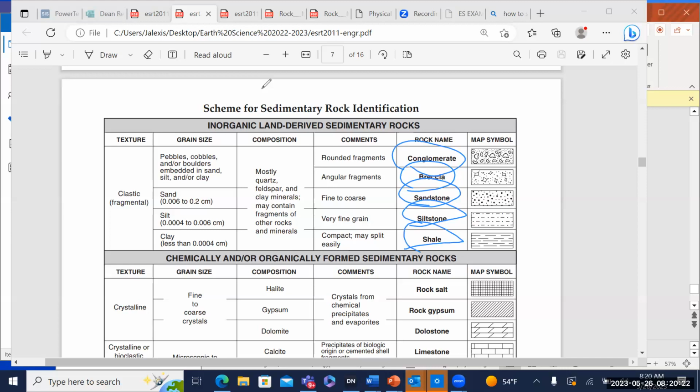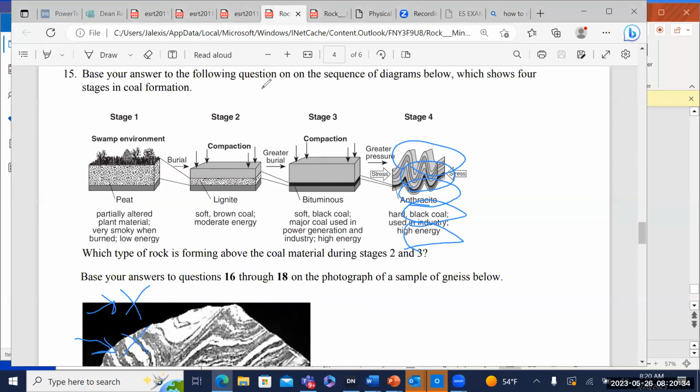The reason why it would be clastic and not bioclastic or crystalline, the reason why it can't be any of those, is because on the processes, it didn't say that this layer includes any biologic material, right?